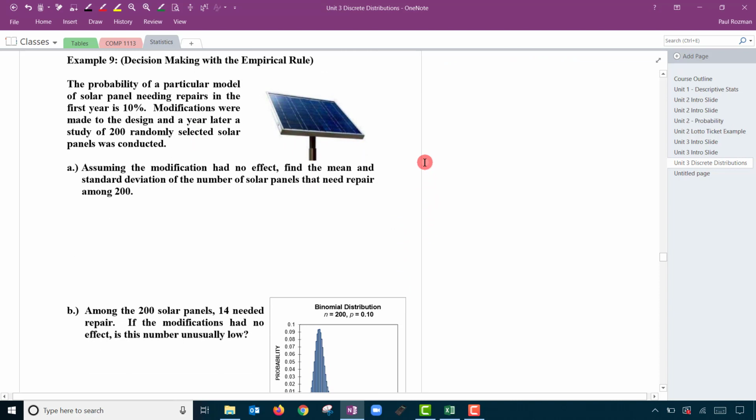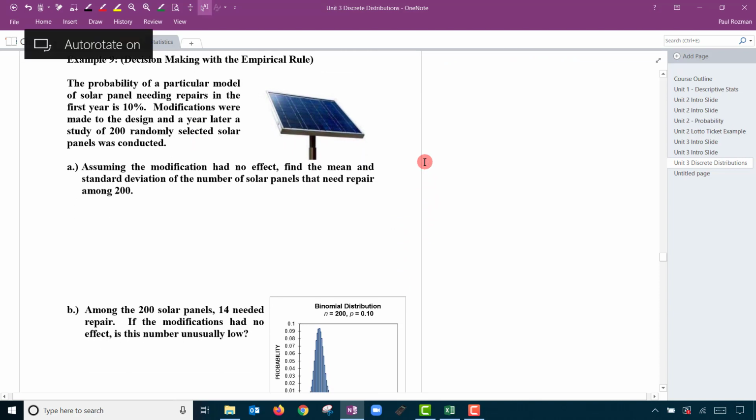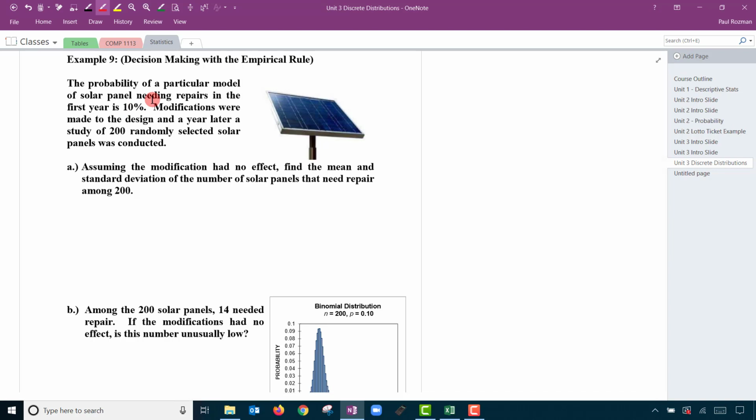Here's an example where we'll make a quick decision. We make solar panels, and it says that 10% of them need repair in the first year. We run the company and we have a 1-year warranty, and so we know how many of these things we had to go out and fix or replace. Maybe we're not satisfied with that 10%.